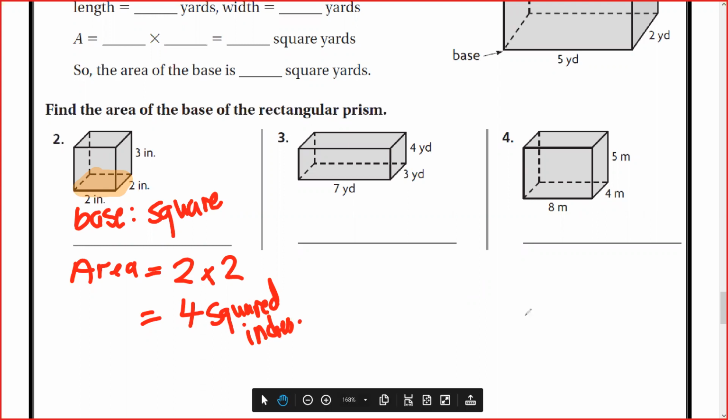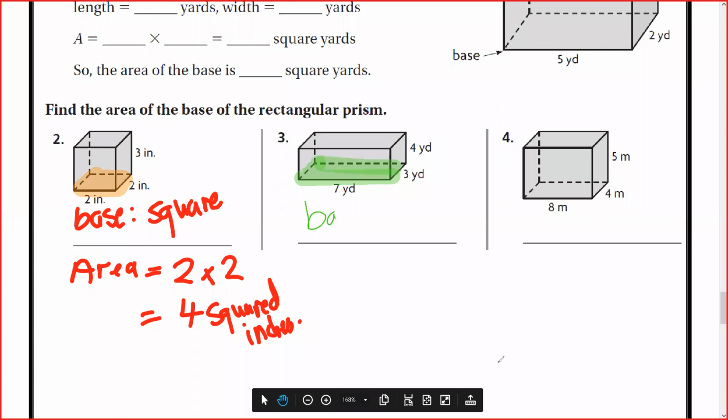Now, number 3. Lana. Yes, Lana. For number 3 here, what is the name of the shape? What is the shape of the base? Rectangle, bravo.